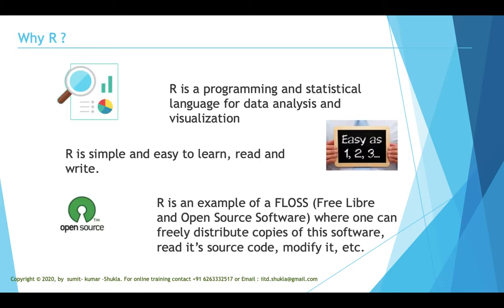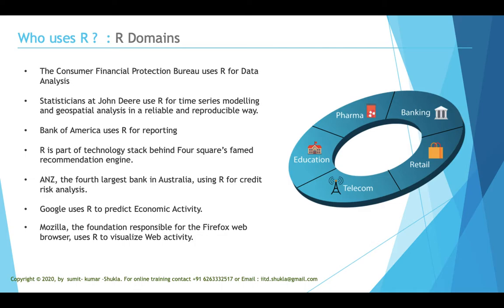As we have seen, R is a programming language as well as a statistical language for data analysis and data visualization. It's very simple and easy to learn, read and write. It's free software and open source, where one can freely distribute copies of this software. You can easily download it, create your own code, and modify it.